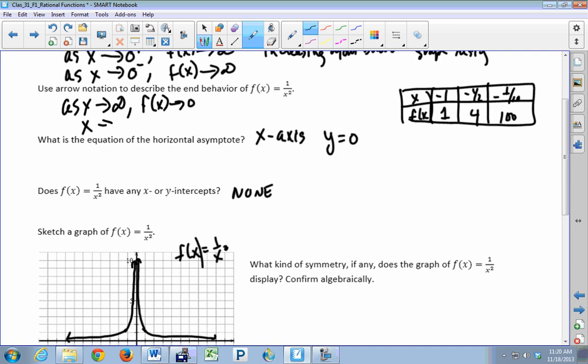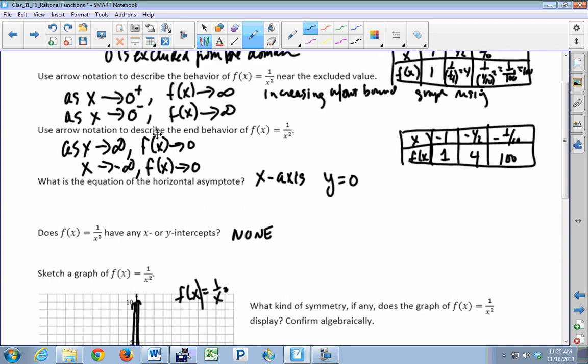As x approaches negative infinity, the values of our graph approach 0. So a lot of new symbolism. We've talked about this symbolism for end behavior before, but most of you were just saying things like graph rises, graph falls, and you weren't necessarily using your notation. But with rational functions, you have to use the notation.